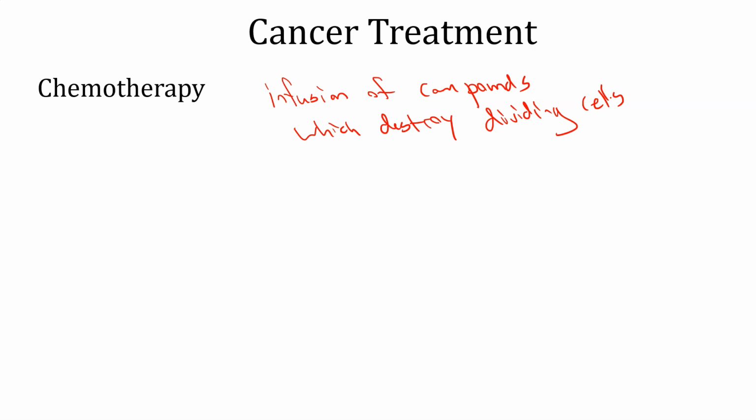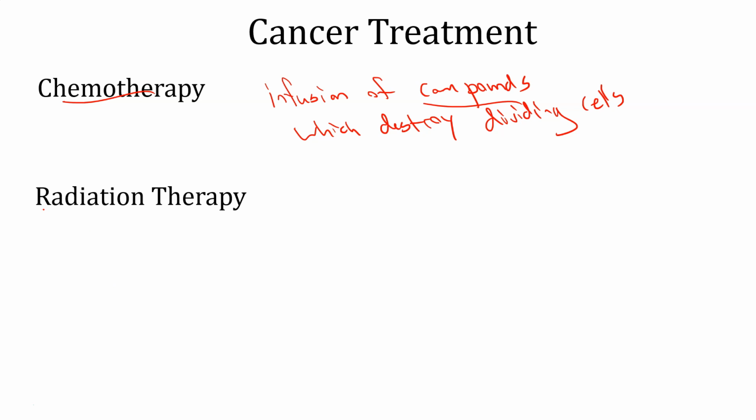They should continue dividing. But also, if cancerous cells are dividing rapidly, it could be the case that when this compound is administered, it destroys all of those cancerous cells, because they are in fact dividing. So this one can be effective, but it also can lead to a lot of collateral damage because it's killing a lot of other cells that are just normally dividing naturally.